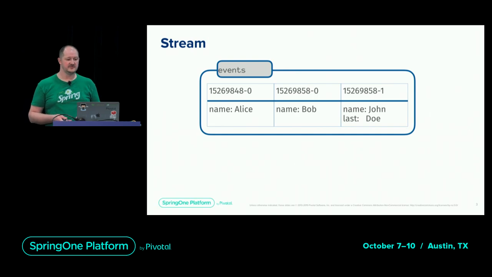Now, what's the outline of a stream itself? A stream is identified with a key. That's the thing in the gray box. My stream currently is named events. The stream itself is a container for multiple items. So you have this events stream skeleton, and into that stream you are able to put in multiple messages or multiple notifications.